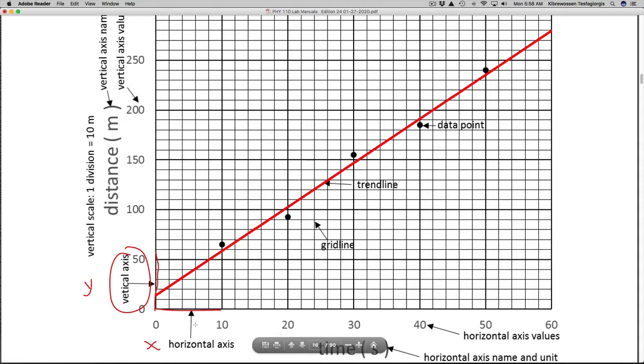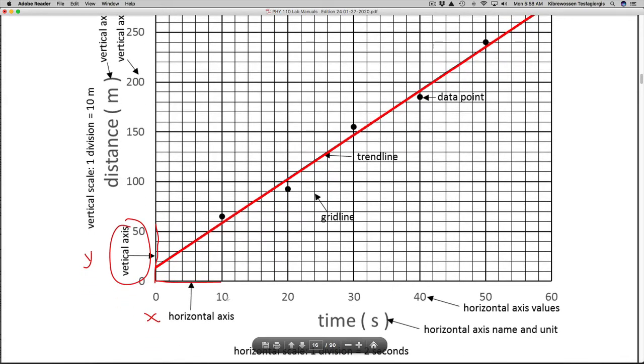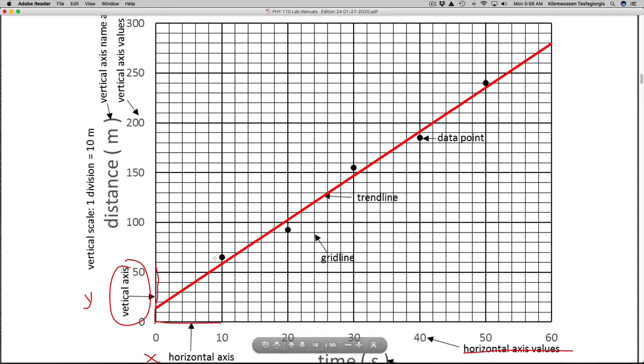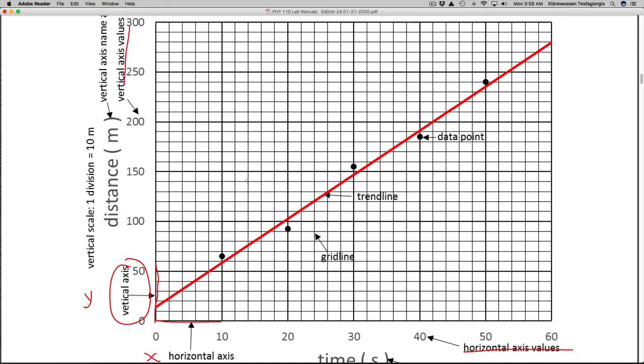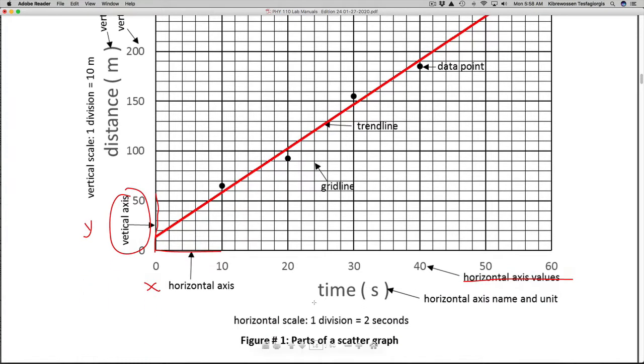Then on the horizontal axis, you have data values that you put on it, and likewise you have the vertical axis values. Then you have the x-axis name, and in addition to that you need to include a unit.